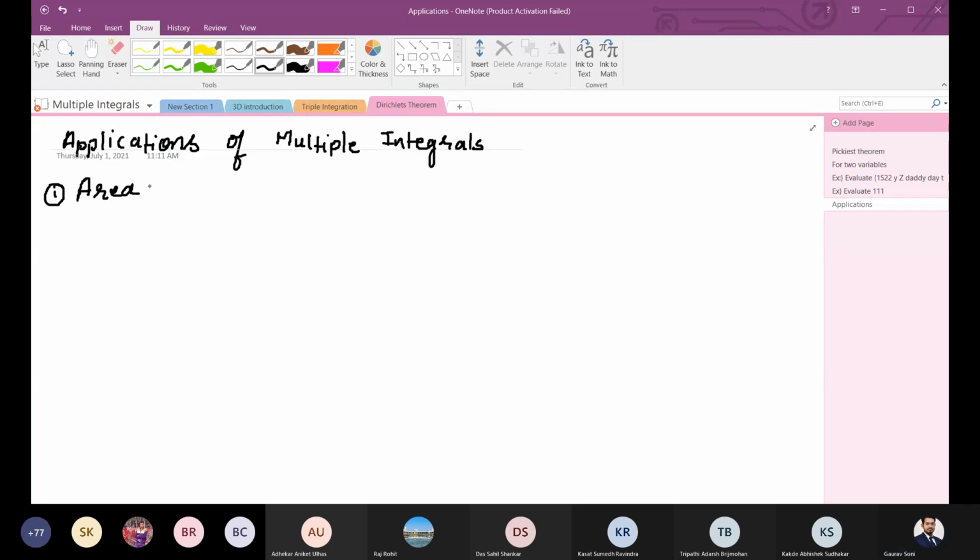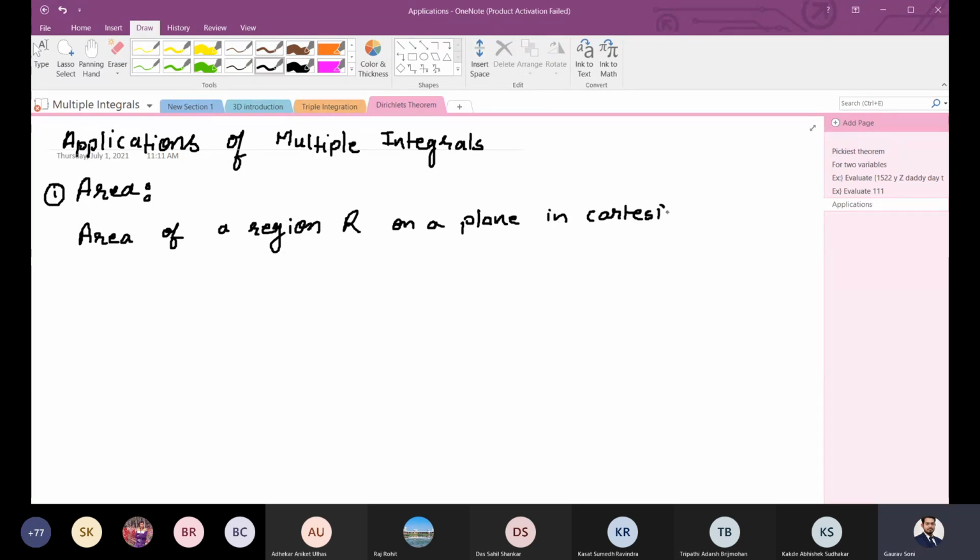So the area of a region R on a plane in Cartesian form is given by the double integral over R of 1 dx dy.